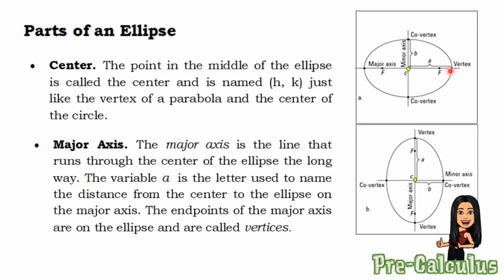In the major axis, nandun si vertex at saka si focus, as well as, syempre dadaan din siya sa center. For our next graph, which is a vertical graph, if you notice, vertical naman yung ating major axis dito since vertical nga siya at ang ating vertex at focus ay nasa y-axis.